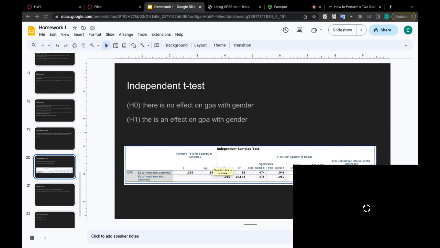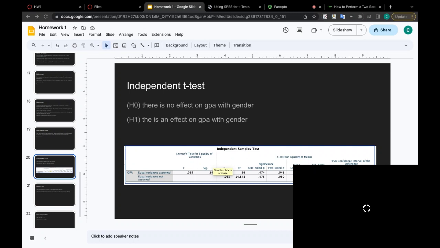Don't get me wrong, the significance right here is still going to be the same, but it assumes there's the same number of data entries for female and male. But in this case, it's not. This is the difference between the means, at least if it had the same number of males and females.